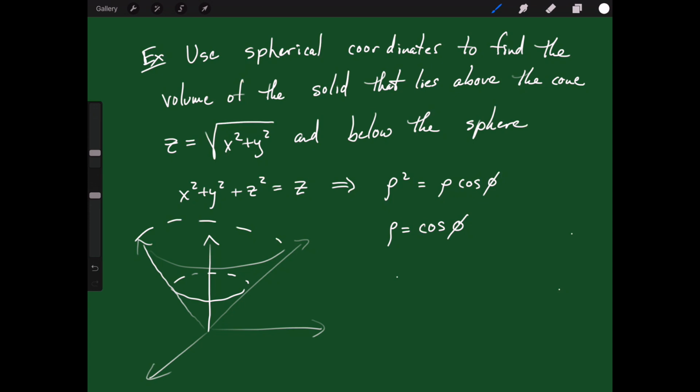All right, so what exactly does this thing look like? Well, we're already told that it's a sphere, and we know that it's equal to cosine of whatever my angle is off of.